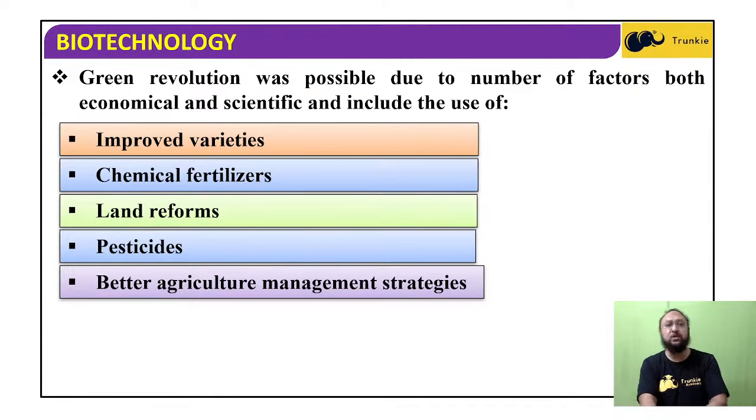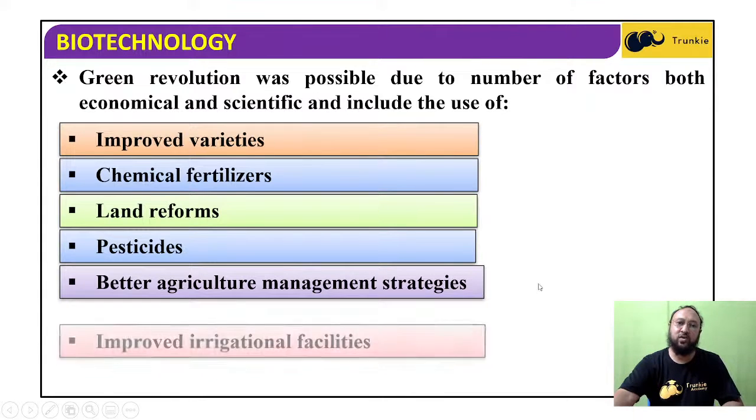Pesticides are to control the pests, the kind of insects which feed on and damage the crops. So using some kind of pesticides kills the pests and allows the crop to grow better. Better agricultural management strategies, different kinds of strategies for irrigation and other management, were important and played a vital role.